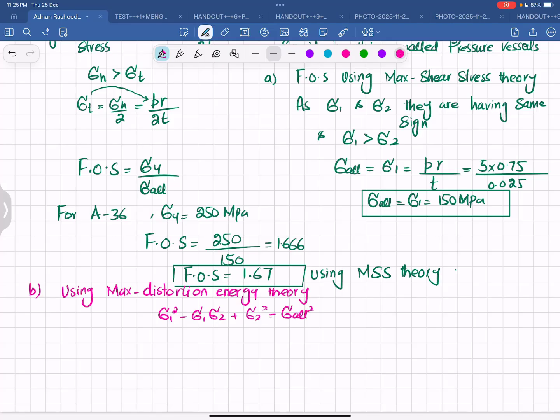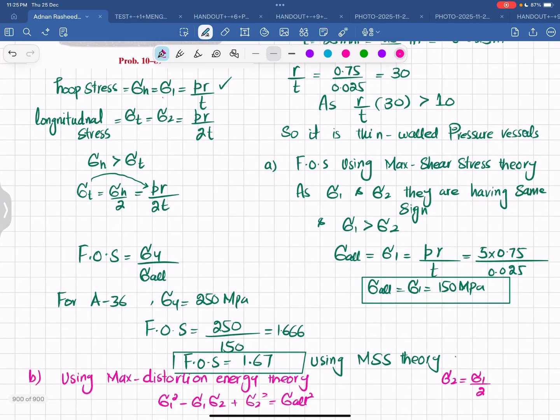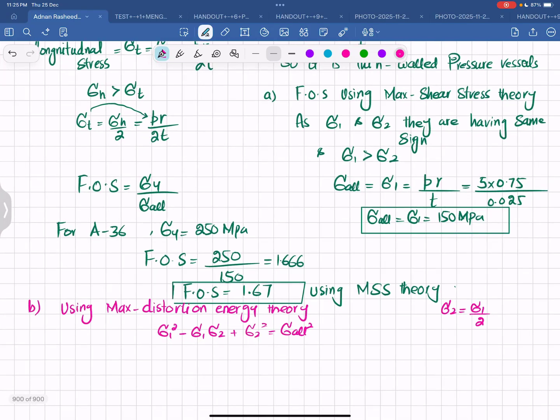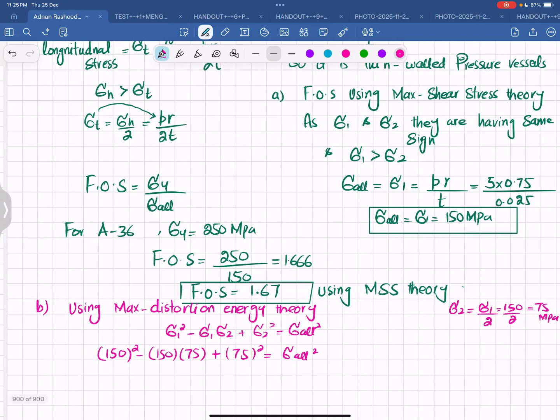We have sigma 1, so we will find sigma 2, and we know that sigma 2 is equal to half of sigma 1, because sigma 1 is PR divided by t and sigma 2 is PR divided by 2t. So 150 divided by 2 is equal to 75 megapascal. So we put in the values: 150 square minus 150 into 75 plus 75 square will be equal to sigma allowable square.